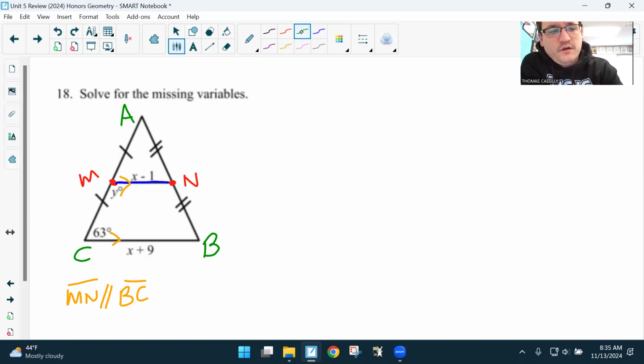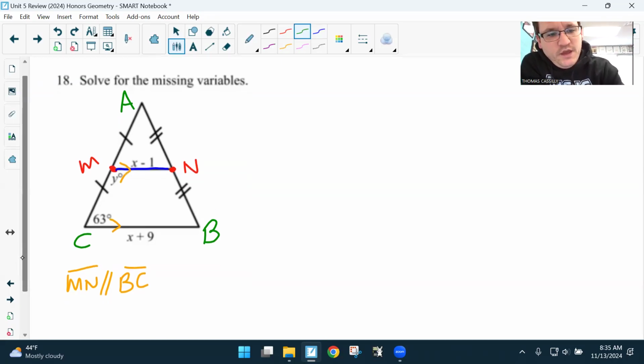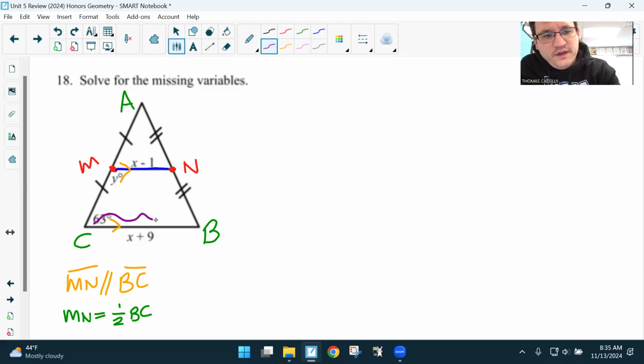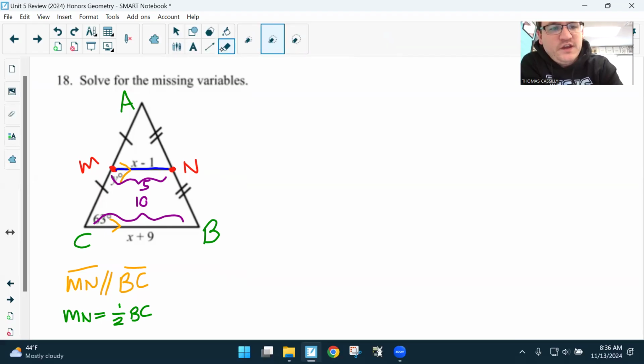And then the other part we said was MN is equal to half of the base, half of BC. So for example, if BC or CB has a length of 10, MN would have a length of 5. We're just chopping it in half. That's how we could figure out the length of the mid segment.